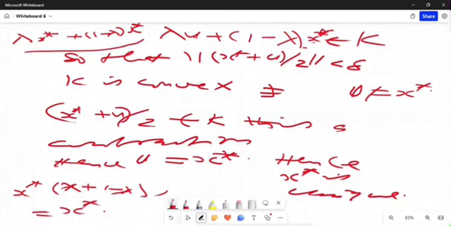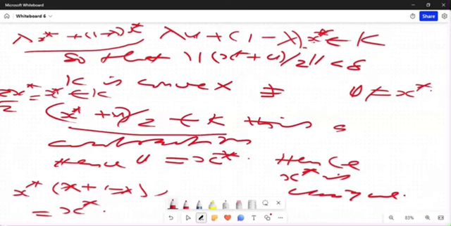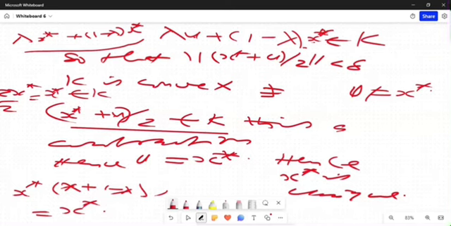You should have got X star plus X star, which will be 2X star over 2, which will now be X star in K. But instead of that, you have this one. Because it's convex, for it to be convex, this must be equal.